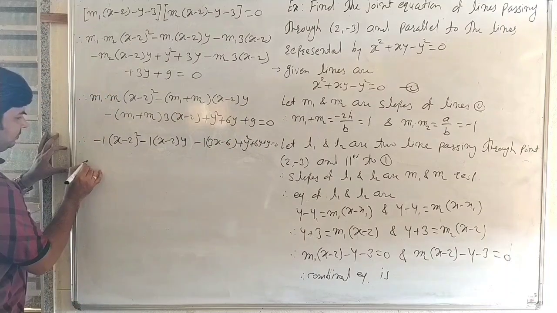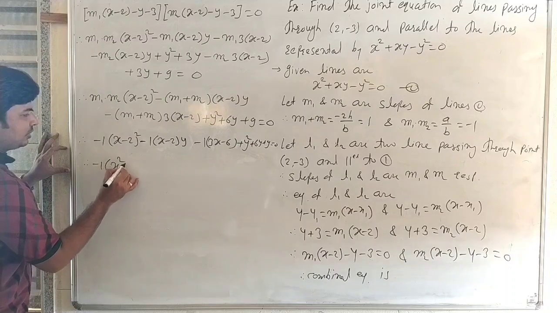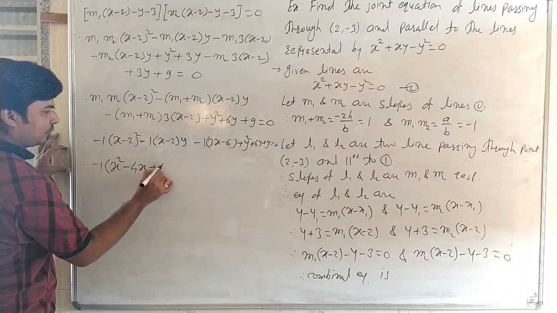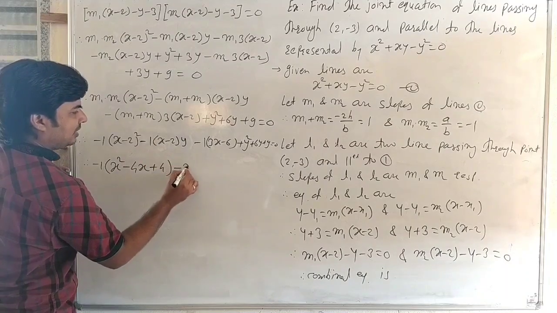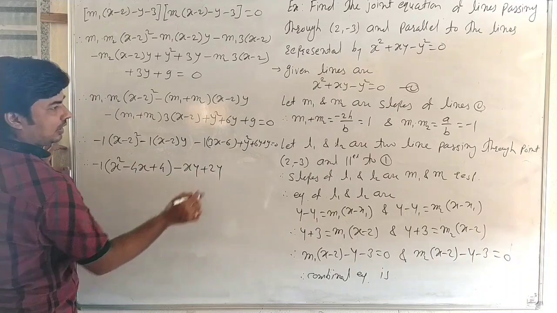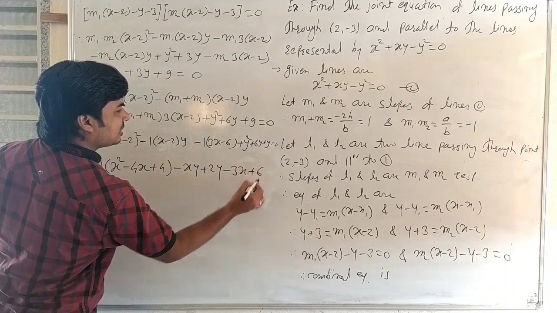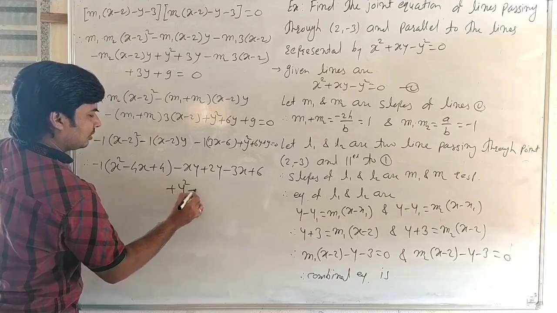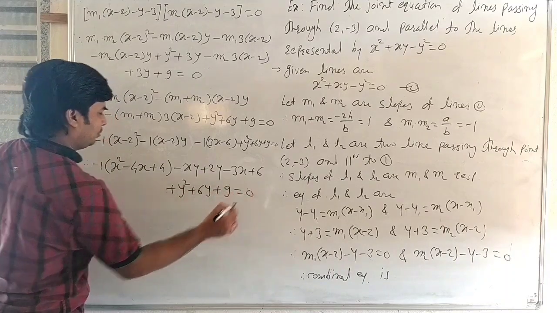Now calculation here, therefore it is minus 1 into x square minus 4x plus 4. Here it is minus xy and plus 2y. Okay, then it is minus 3x plus 6 and these 3 terms plus y square plus 6y plus 9 is equal to 0.